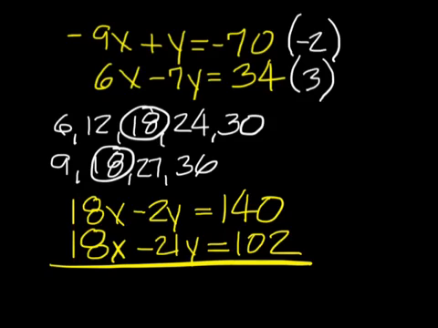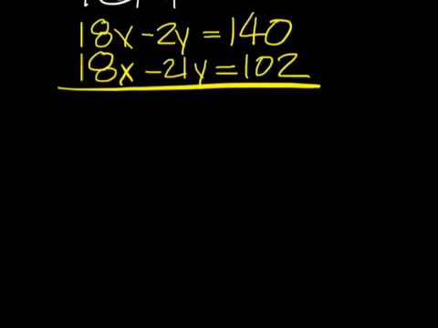So now that you have the same numbers here and here, you can subtract to cancel them out. Subtract both equations. So 18x minus 18x is 0, so those are canceled out. But now you have negative 2y minus a negative 21y. What is that?